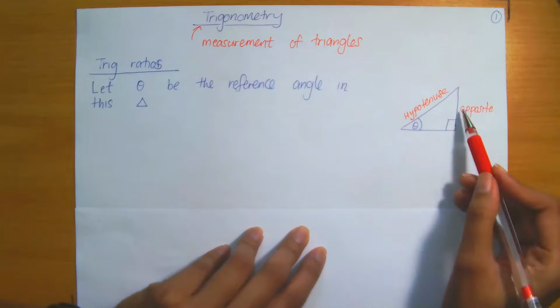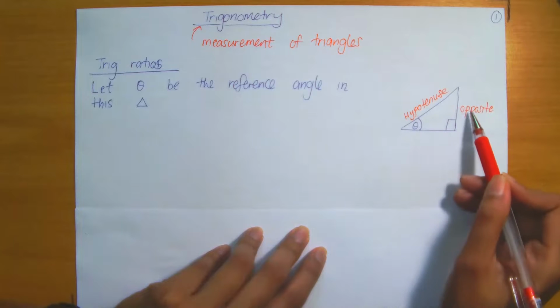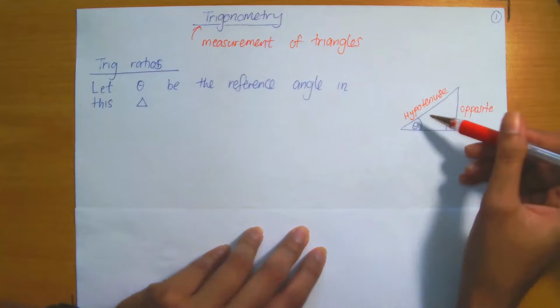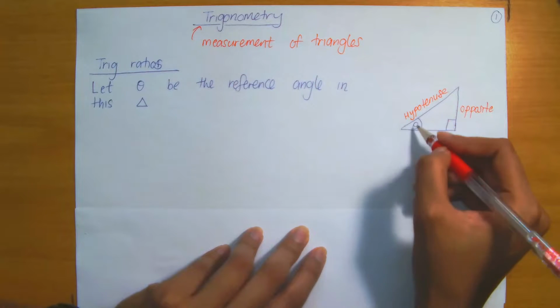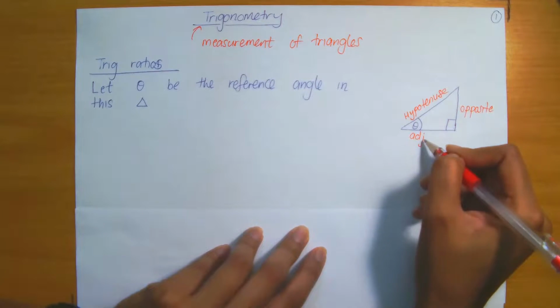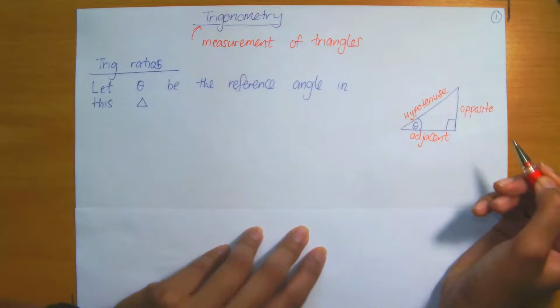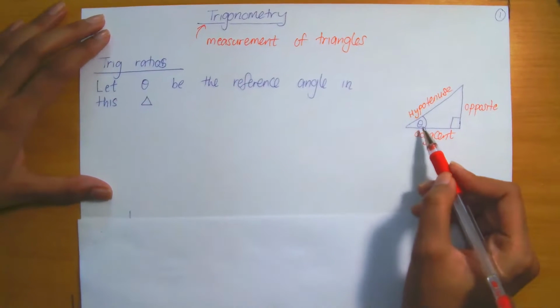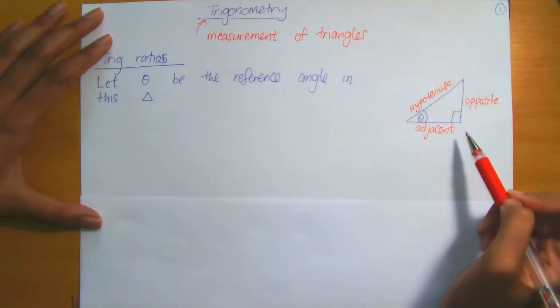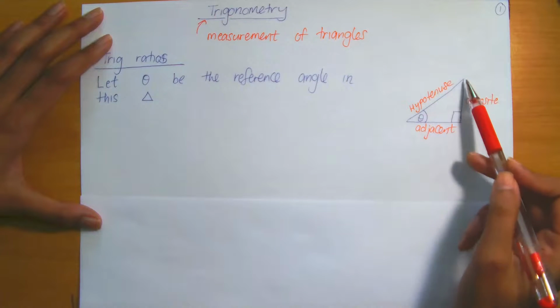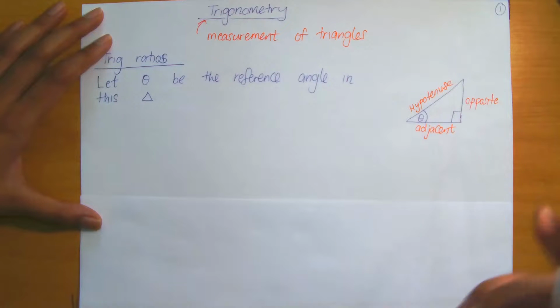So the side opposite your reference angle theta is labeled opposite. And the side that is next to, or adjacent to, theta is labeled the adjacent side. So given a right-angled triangle with reference angle theta, we have labeled our sides hypotenuse, opposite, and adjacent.